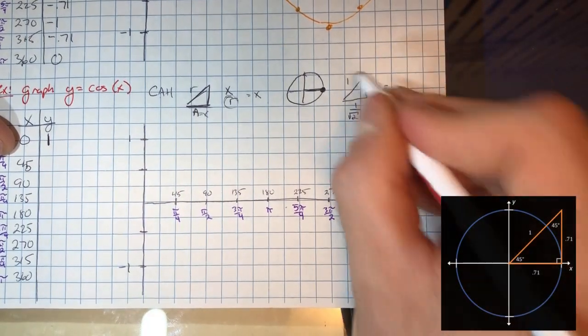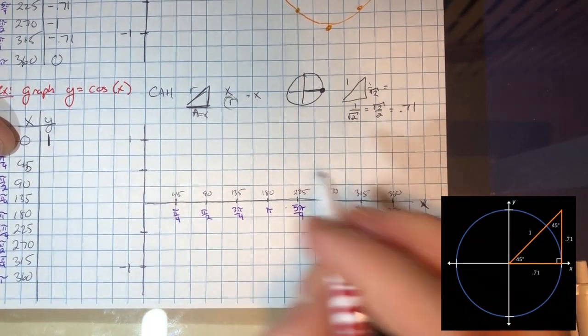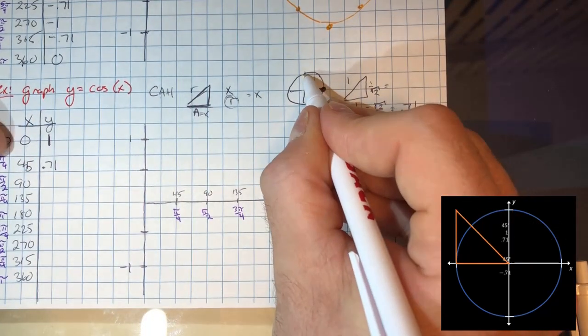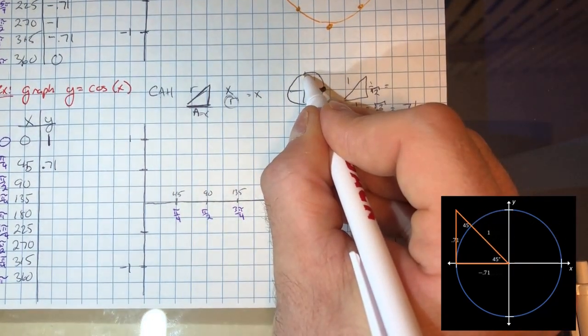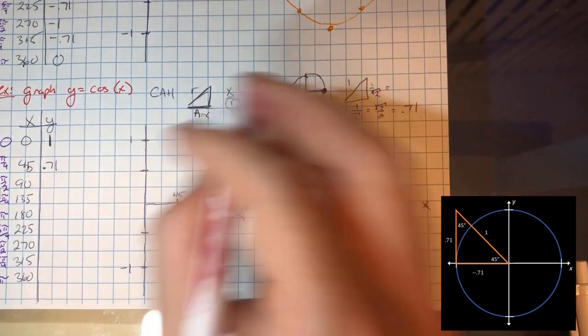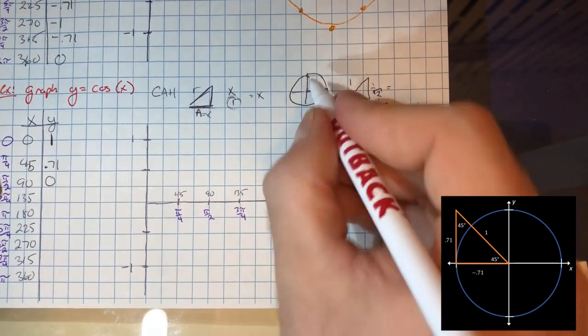So 0.71 divided by 1 is just 0.71. And as we hit the very top at 90 degrees, or pi over 2 radians, we know the x value doesn't exist because it's a vertical line, so 0.